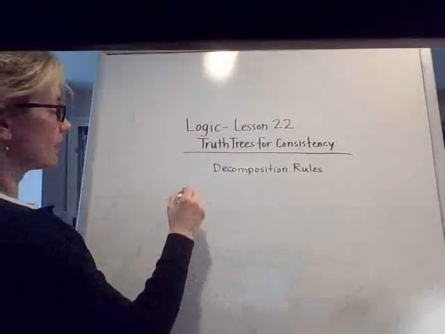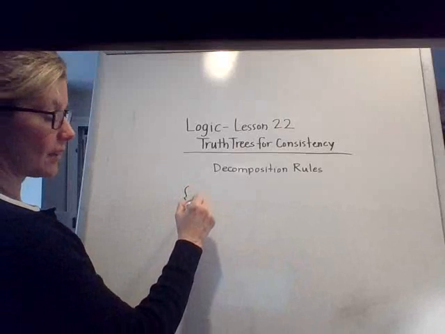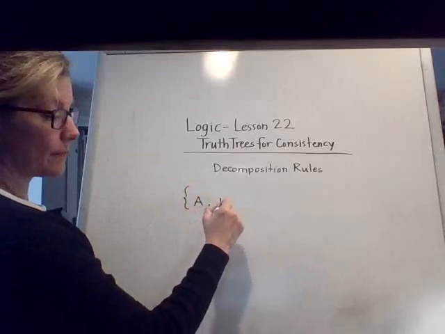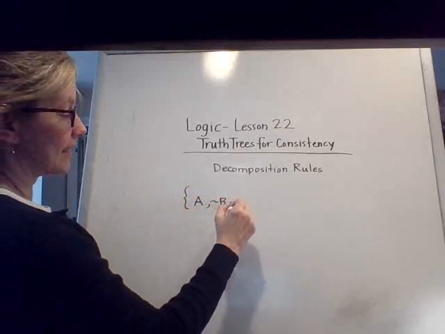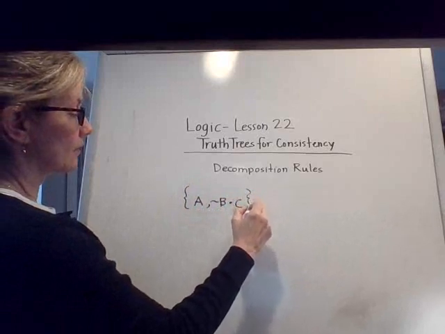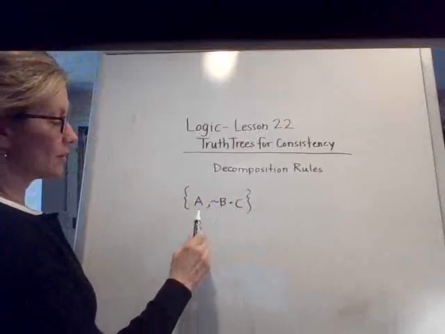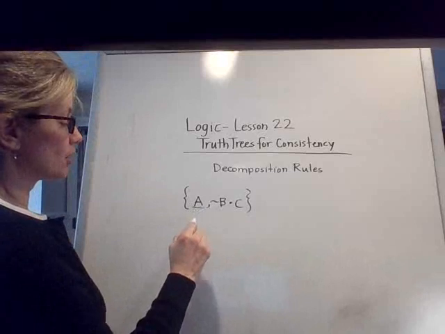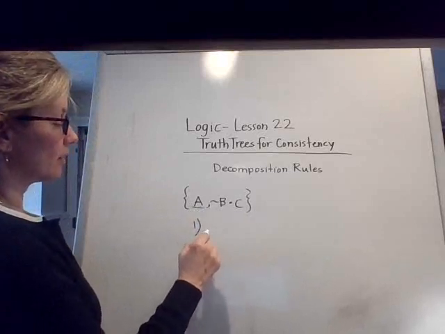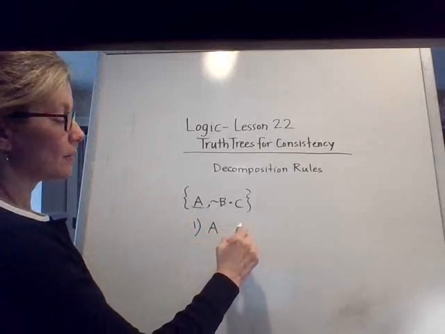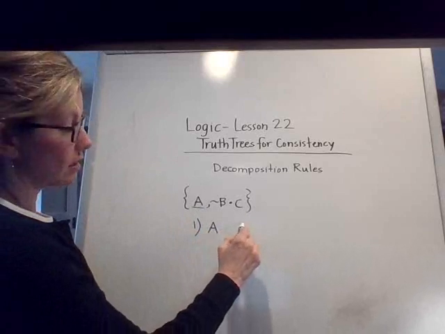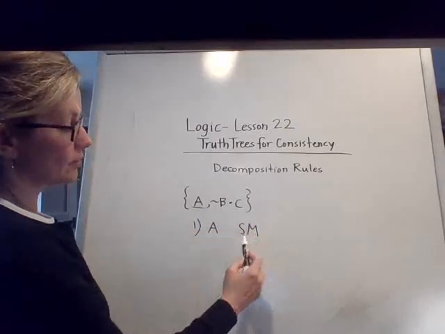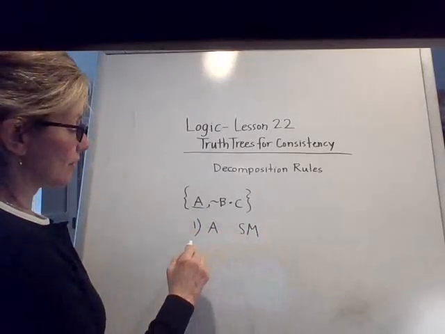So if we're given this proposition here, A, not B and C. All right, so the way we do this, we put each proposition on its own line. So line 1 would be A, and that was given to us, so we call it a set member. So we label it SM for set member.